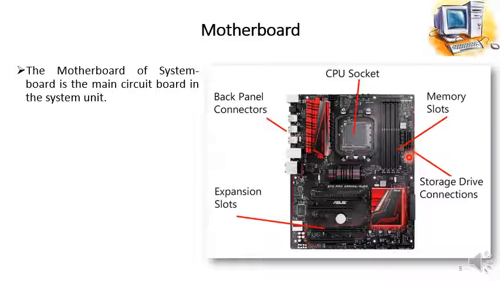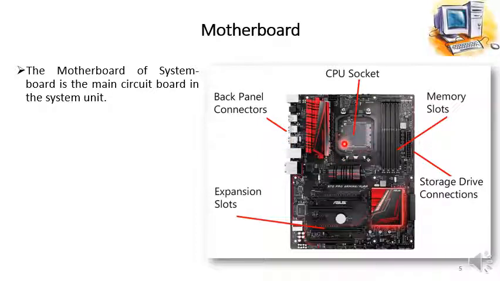Storage drives are also connected in their specific ports on the motherboard. Expansion slots: different cards like network interface card or graphics card or sound card are connected in these slots. Further, they have back panel connectors like USB ports, etc. All these different ports or slots are available on the motherboard.